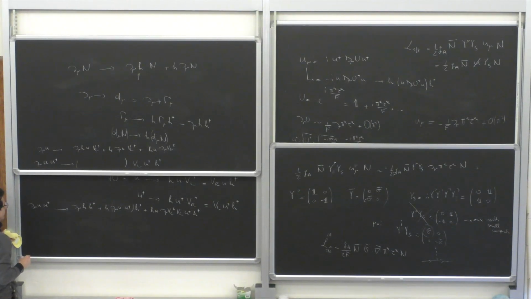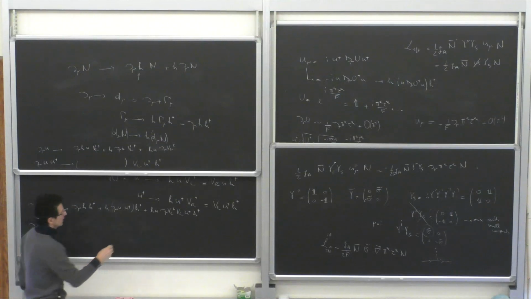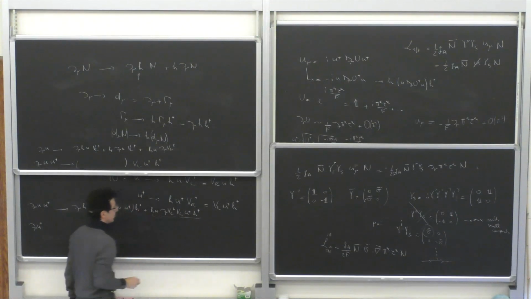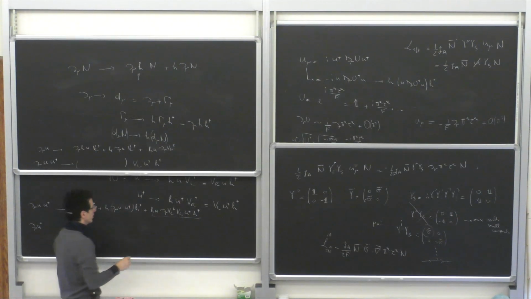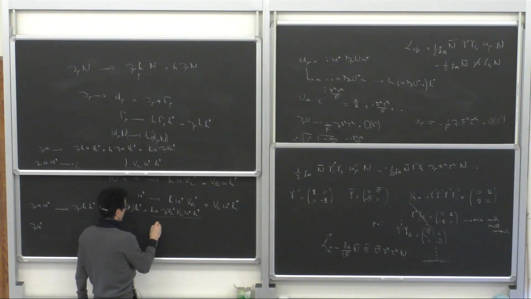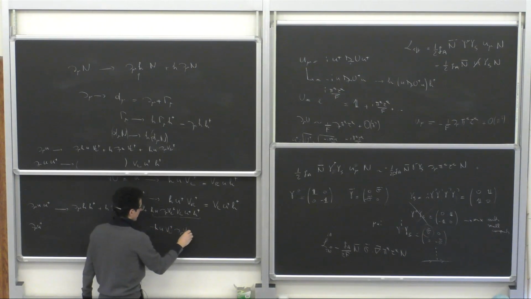Then also we can verify that d_mu U dagger has this unwanted term, which we can rearrange using the unitarity in this way.